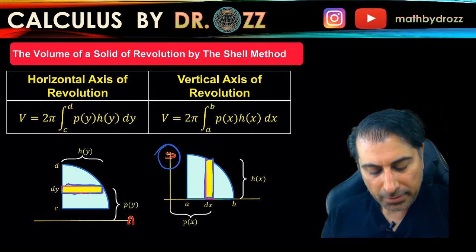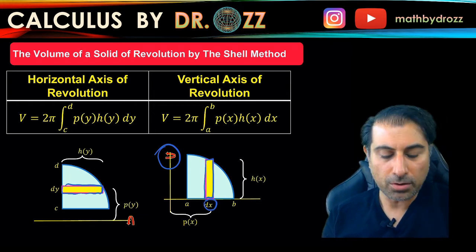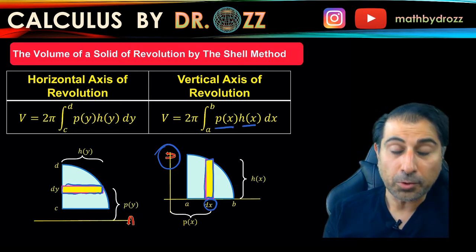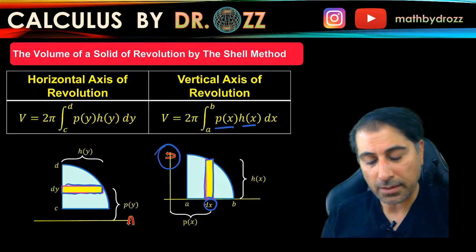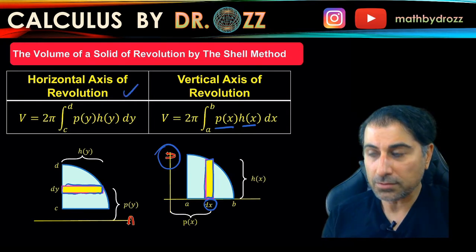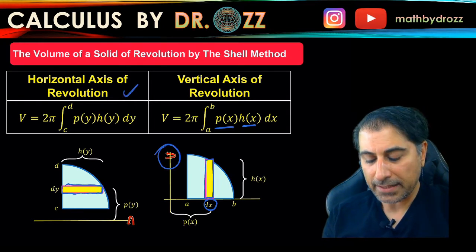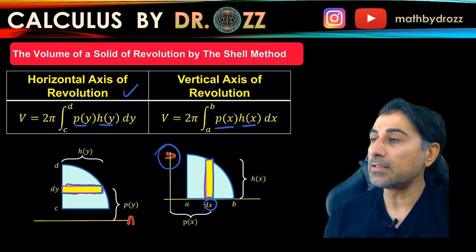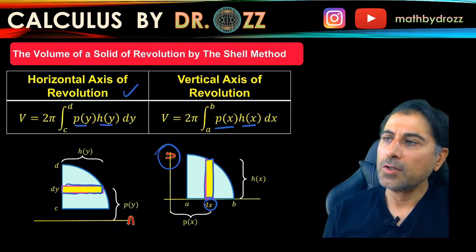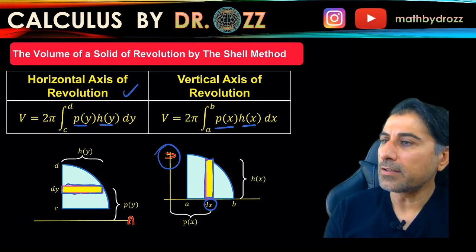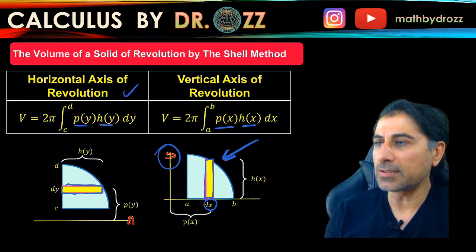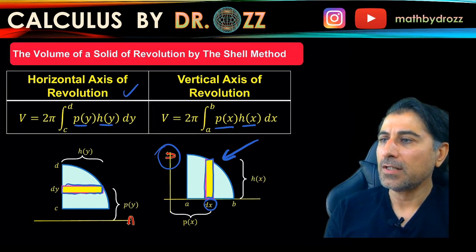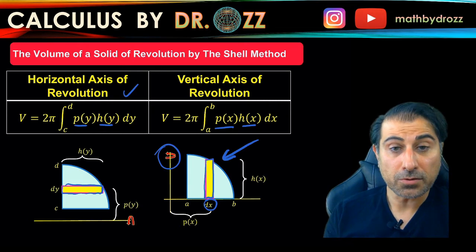Here the thickness becomes dx, and all of the quantities here, p and h, are written in terms of x, whereas in the other case, the horizontal axis of revolution, we had p and h written in terms of y. So essentially, if you would like to use the shell method for the case where the axis of revolution is parallel to the y-axis, then the integral should be written in terms of x.